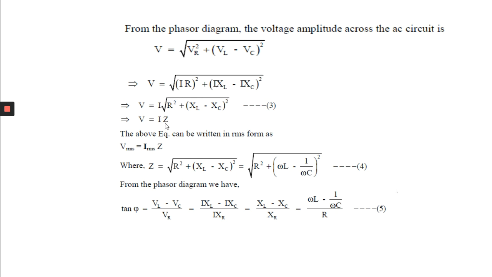So your V equals I into Z. So simply you cannot say that the net resistance is R plus XL plus XC, but it is the square root of R squared plus (XL minus XC) squared, as the voltage across the resistor, inductor and capacitor are not in phase with each other. That's why the net resistance, or impedance, is equal to the square root of R squared plus (XL minus XC) squared.